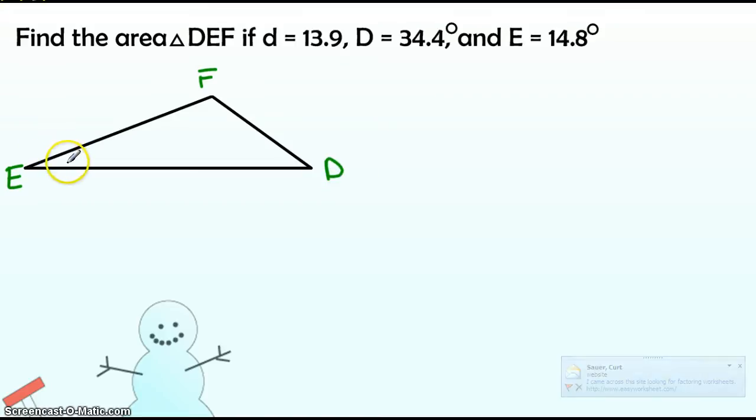So angle E is 14.8. Angle D is 34.4 degrees. And side D is 13.9. So if we're taking a look at this, we've got a side, angle, angle.